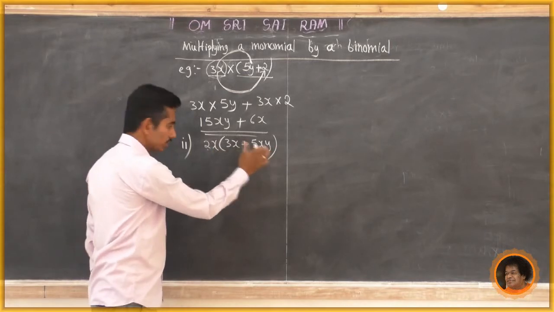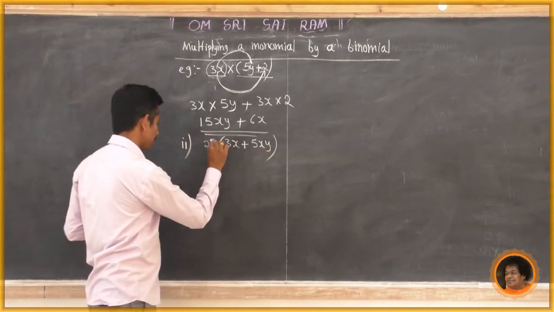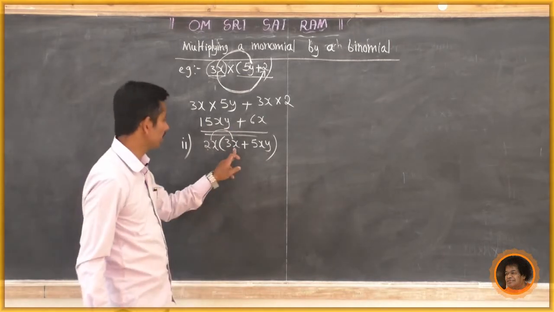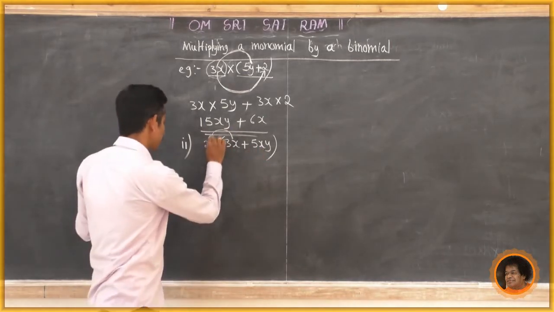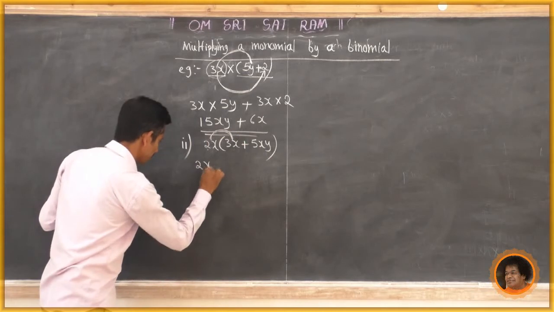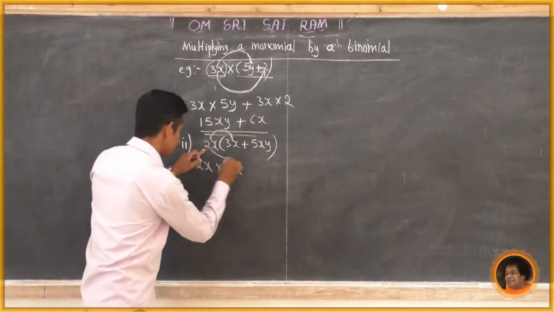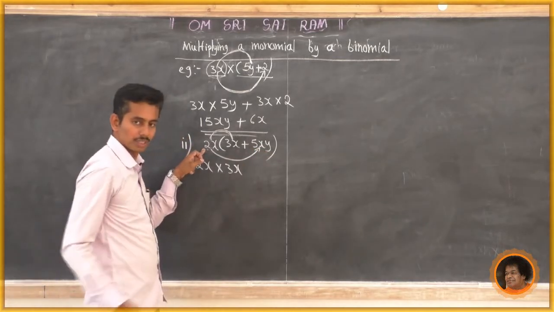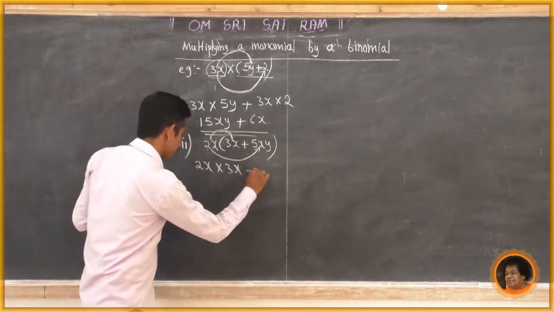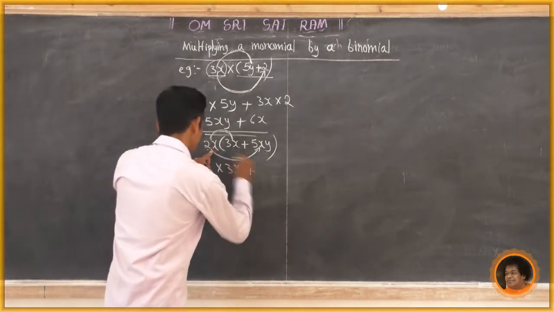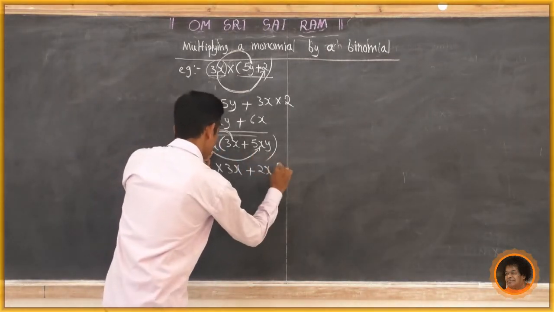There are 2 terms, so it is a binomial. So multiply this 2x into every term present in the binomial. So write down 2x into 3x. After that, this 2x into 5xy. In between there is a plus sign, so plus. This 2x into 5xy.